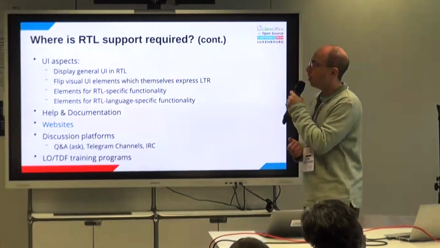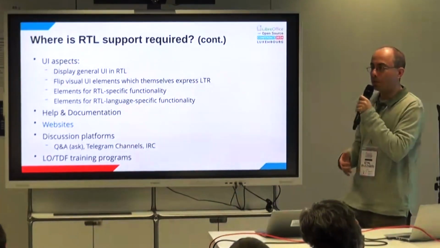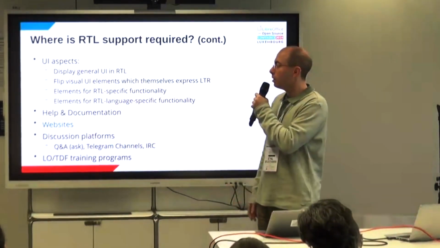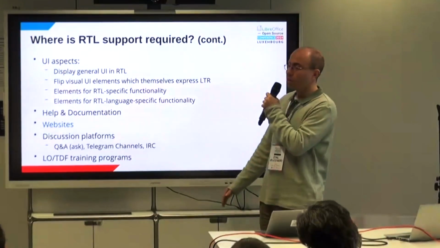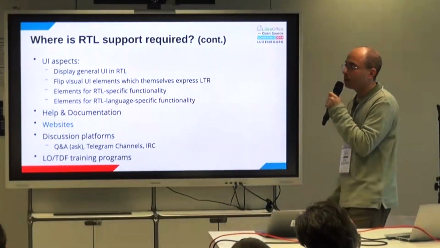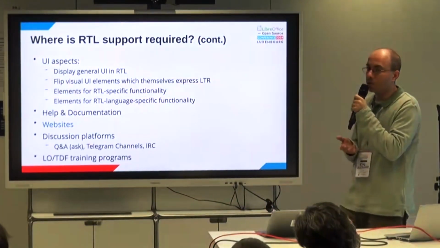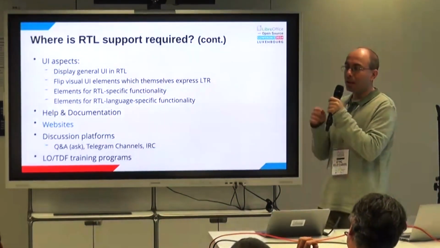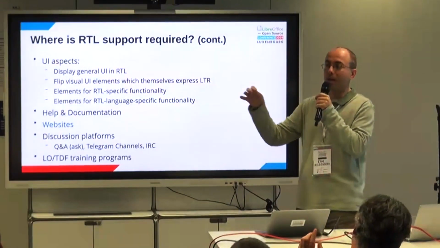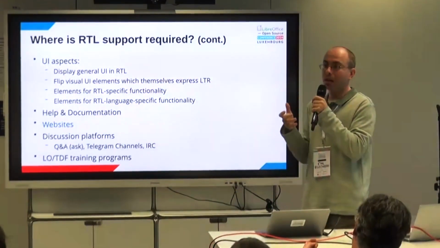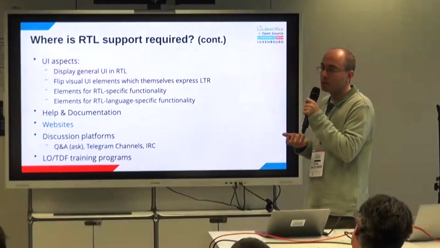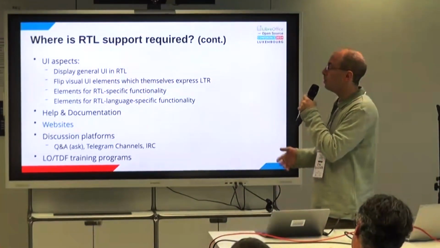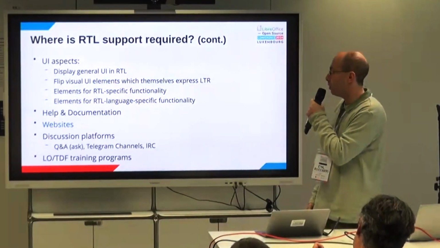And sometimes there are features that we find in specific languages which aren't necessarily dependent on them being right-to-left, but we need them. For example, in Arabic, you can extend the connection between characters using a line rather than spaces. So this is not a right-to-left thing, but it needs to be represented sometimes, even in the user interface.